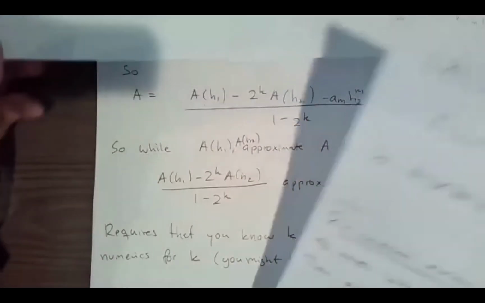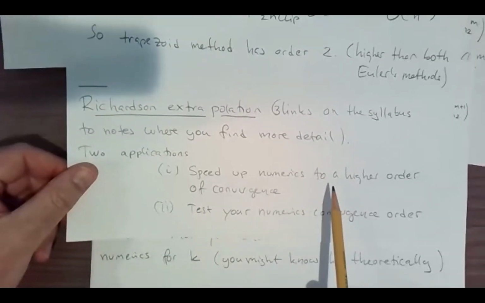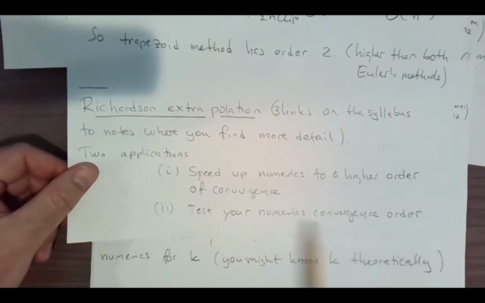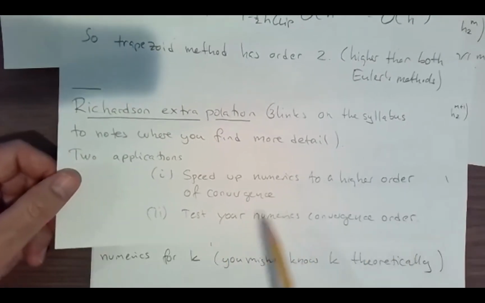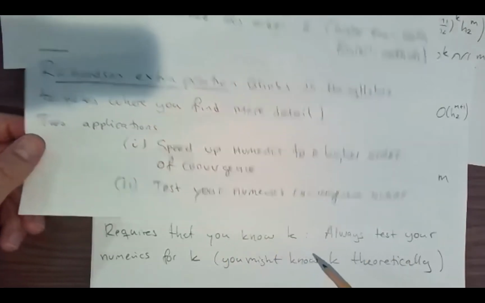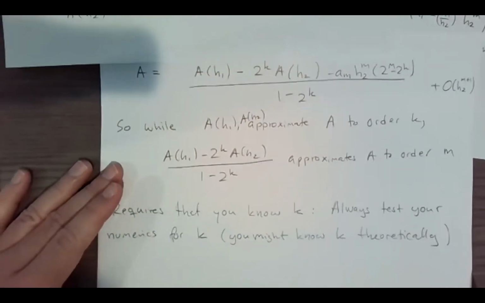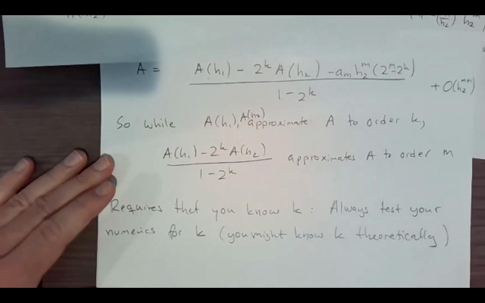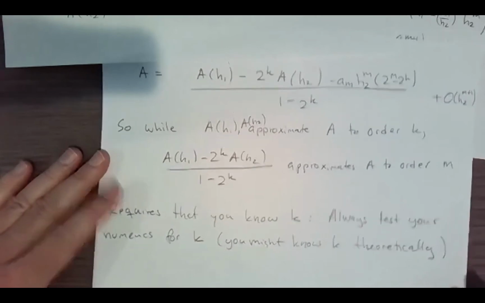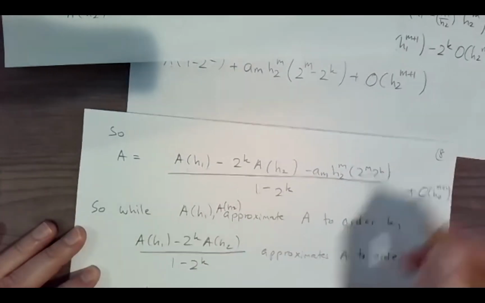Right, so we found a way to speed up your numerics. And the second one here is you should also test your numerics and just backtrack and figure out, does it really have the right convergence order? So let me show you how to do that, also using Richardson.